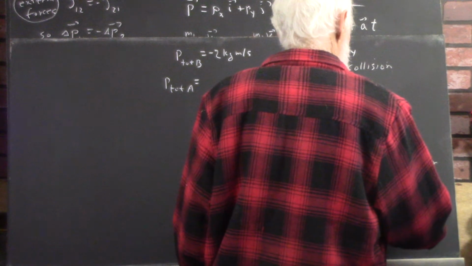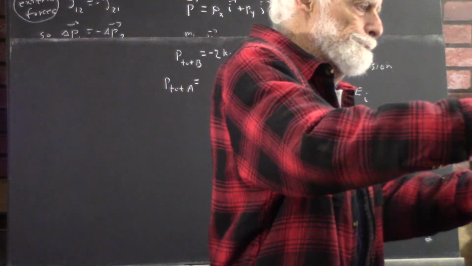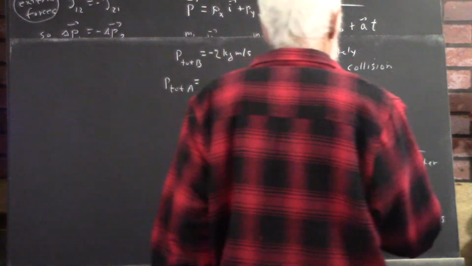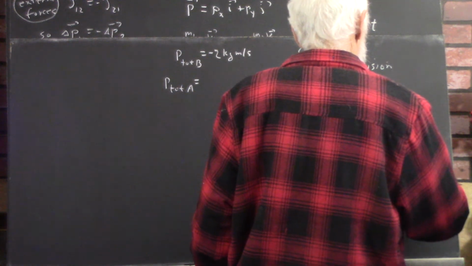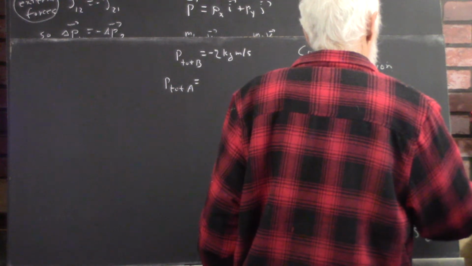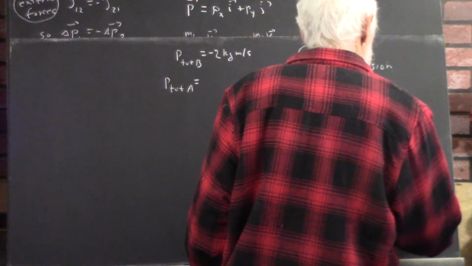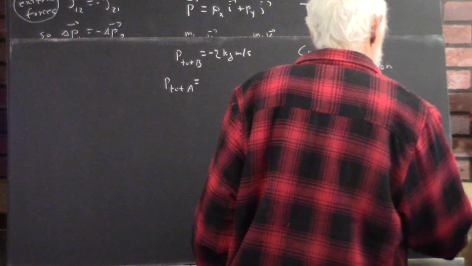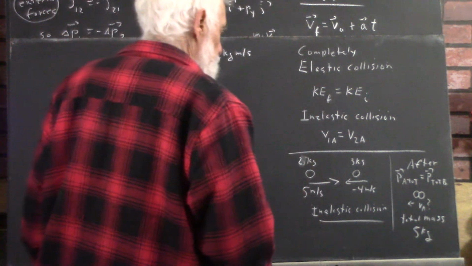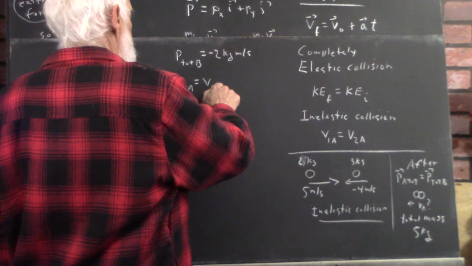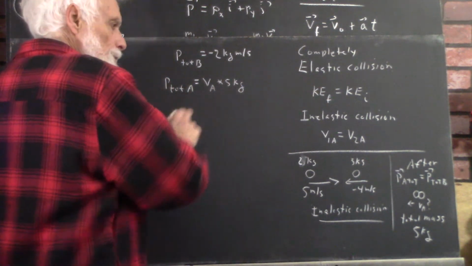Total after is total before. You just have one velocity after, both of them have the same velocity, so the total momentum after is mass times velocity after.